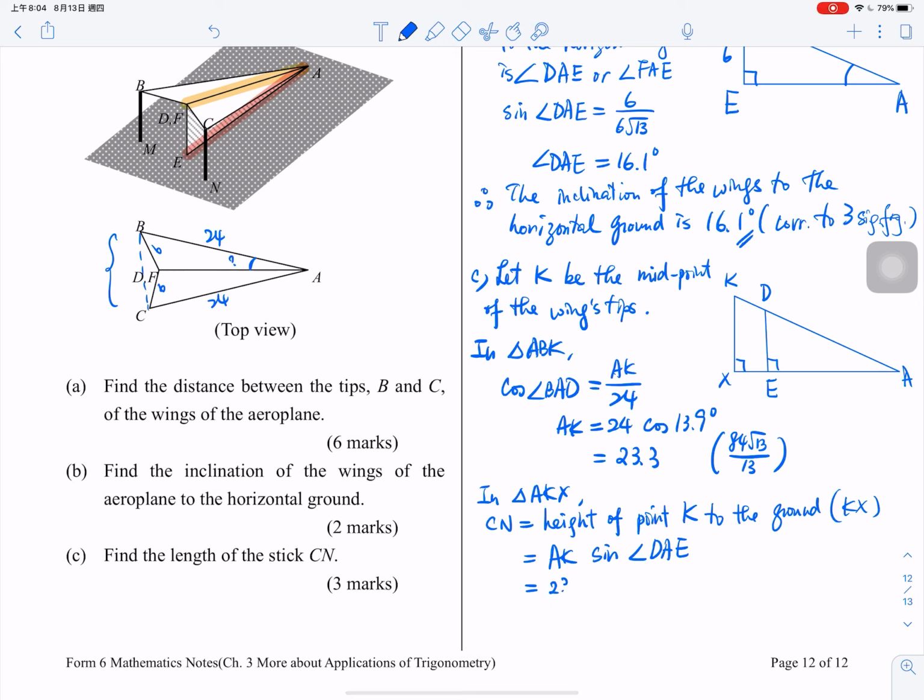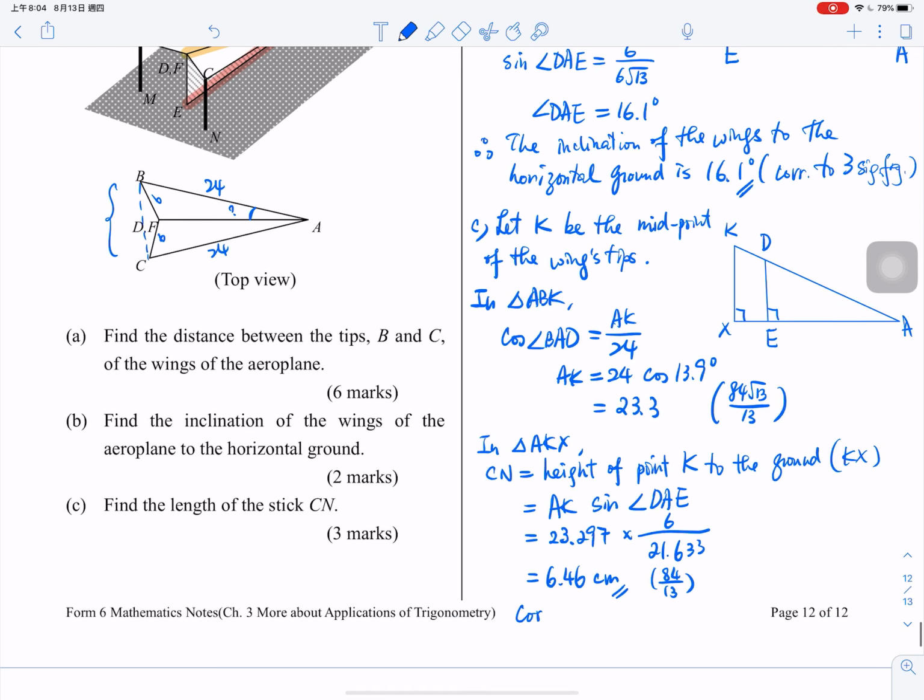So you found that 23.297, it's better to write some more decimals, and then times 6 over 21.633. At the end, 6.46 cm. The answer is 84 over 13. Correct to 3 significant figures.